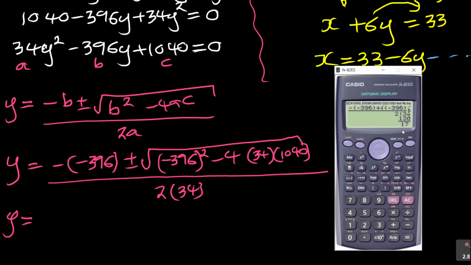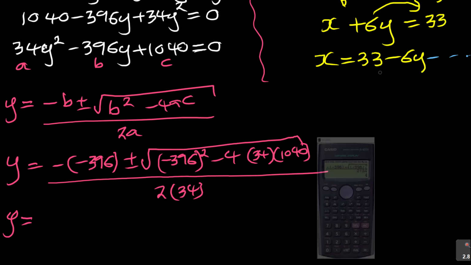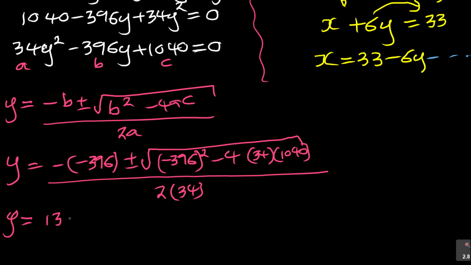Equal to, the first one is 130 over 17, I'll remember that one, and the other one is 4, so y is 130 over 17, or y is equal to 4.